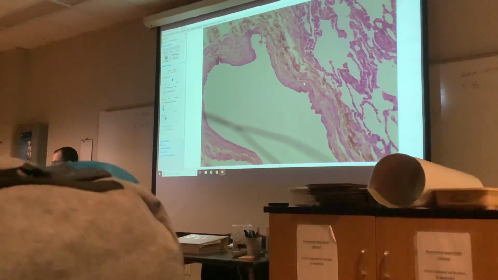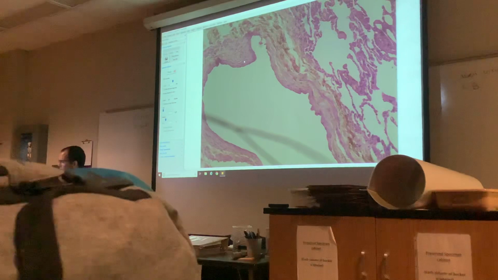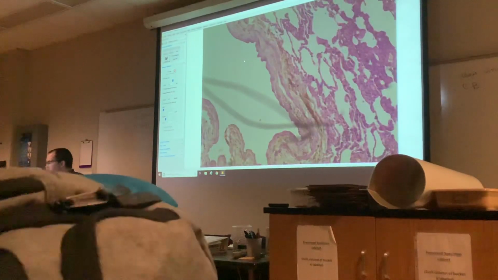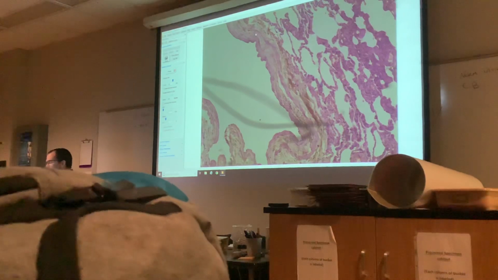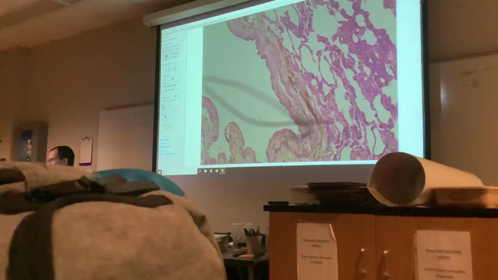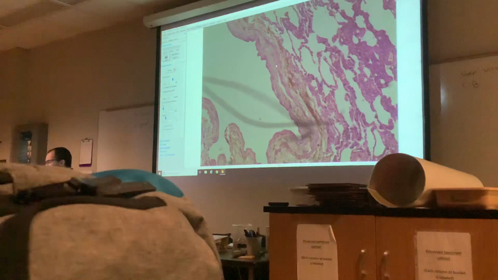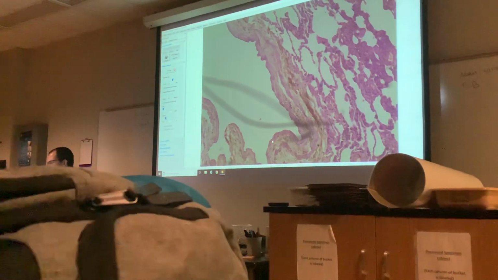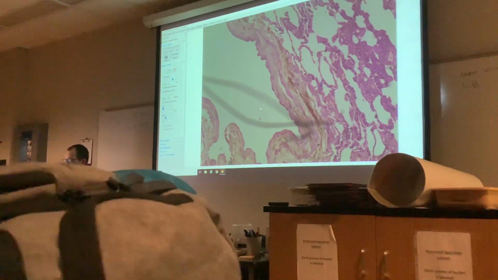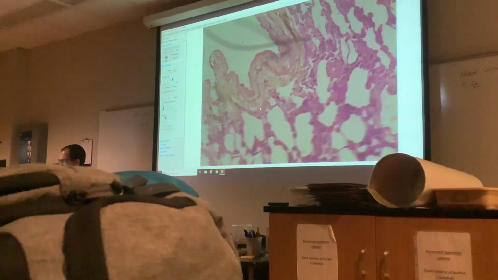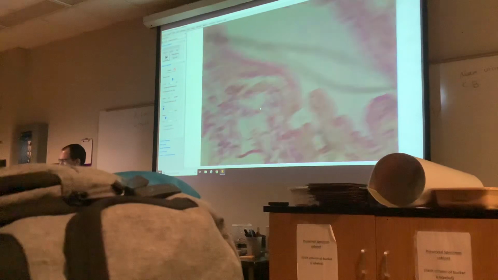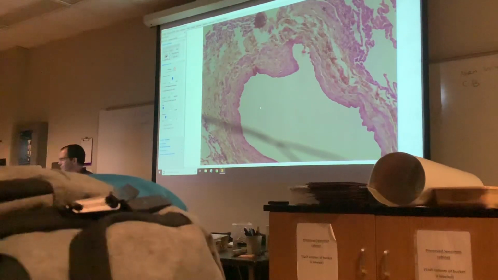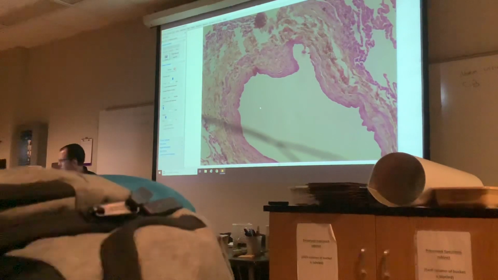There's some, and this is a fairly large bronchiole. I don't see any hyaline cartilage, mostly smooth muscle and dense irregular connective tissue lining. But then when you get down to the surface here, this is simple squamous epithelium. Same thing as you get in a blood vessel, but a much more irregular border. So bronchiole. That's all.